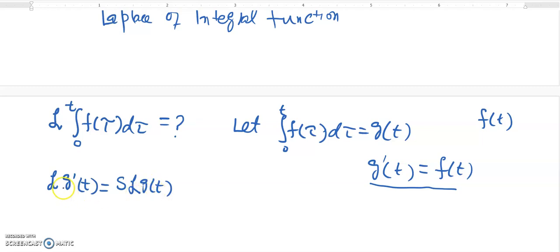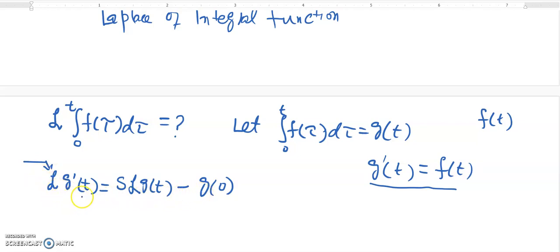If it is g prime of t, then the function itself will be g of t, and then minus the value of this function evaluated at t equal to 0. So now we have this equation, and this equation is from the derivation of the Laplace transform of the differential function.